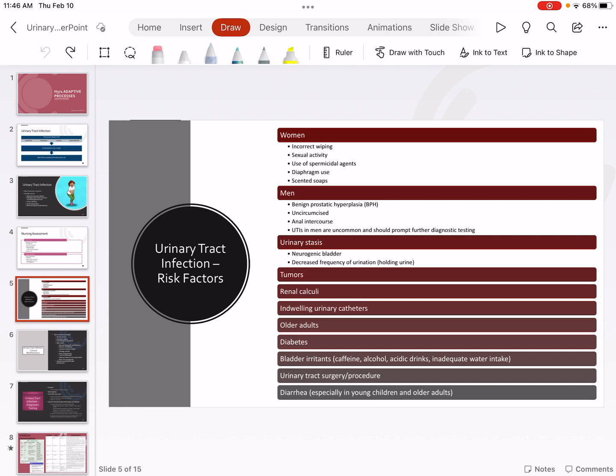So if a man presents with a UTI, it would really prompt some further diagnostic testing, because you might be wondering then, do they have something further going on, like cancer of the bladder or somewhere in their urinary tract that's causing a breach of integrity of their urinary tract where that bacteria can get in and cause infection.